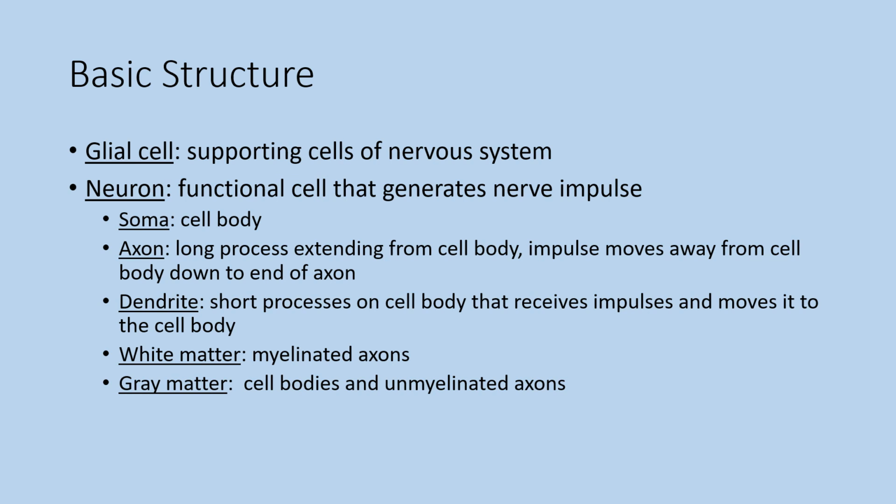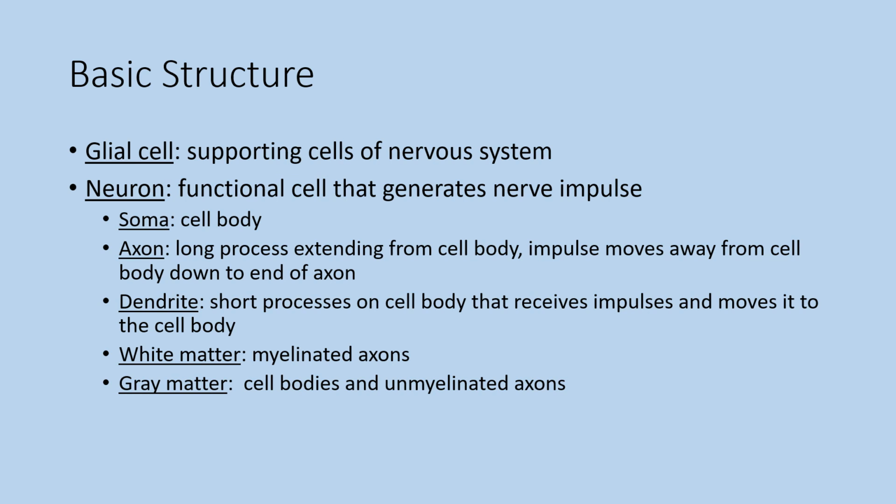The shorter extensions or shorter processes on the cell body are the dendrites. And these are the ones that are receiving impulses from other neurons. They're going to be moving that impulse towards the cell body. Oftentimes with neurons, you'll hear the description of white matter versus gray matter. This is referring usually to the axons and whether or not they are myelinated.